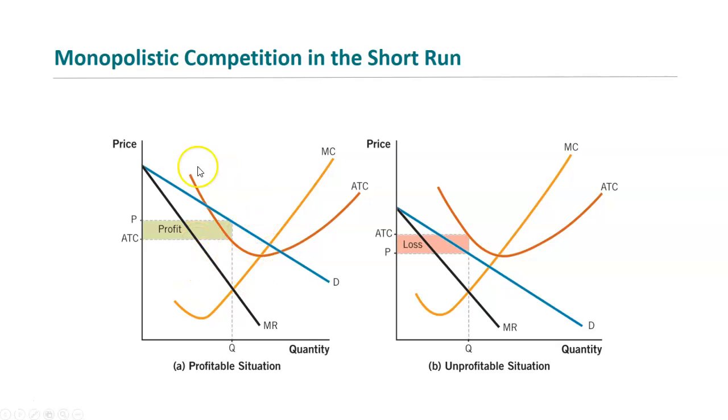Because it's easy to start selling burgers, more firms will begin to sell burgers. In perfect competition, when that happened, we saw the supply curve shifting. The reason for that is that everyone was selling exactly the same burger. And so when a new firm came to town selling burgers, it changed the supply of burgers in the market.